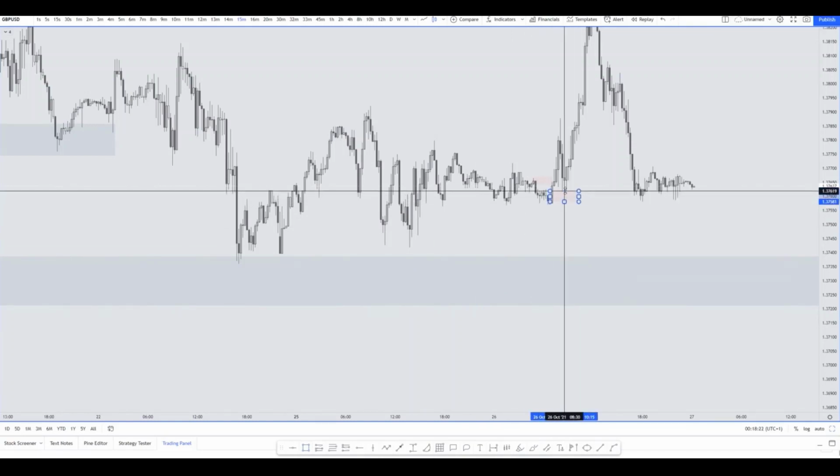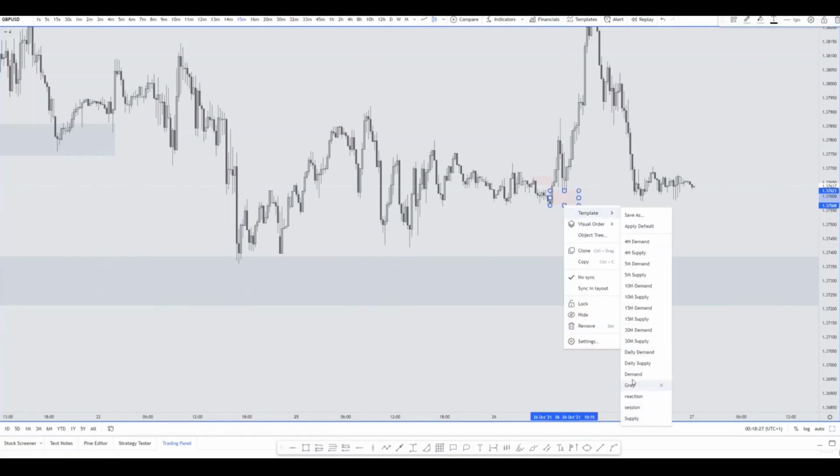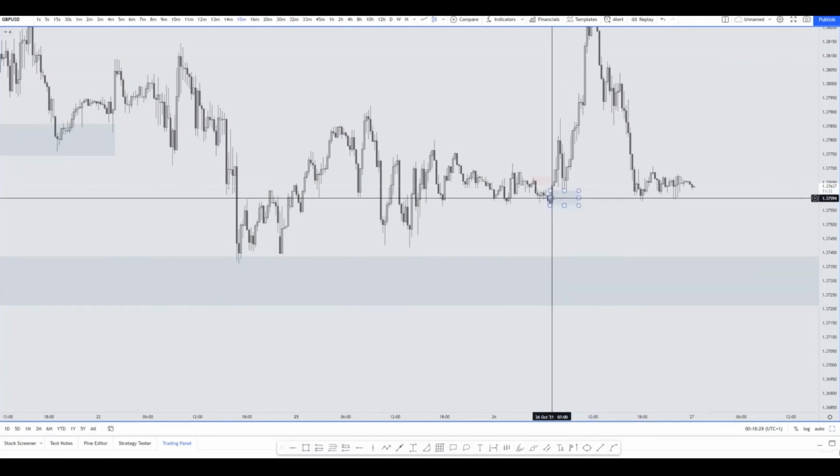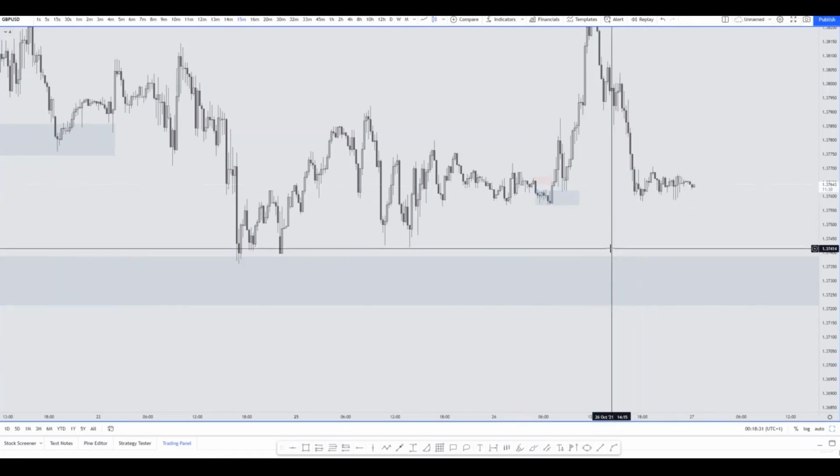And on the lower time frame, whether it be the 1 minute or the 5 minutes, whatever your entry time frame may be, you would be looking for entries in there. Now when we get to the entry section, I will be showing different ways of entering on the 1 minute, the 5, and the 15.